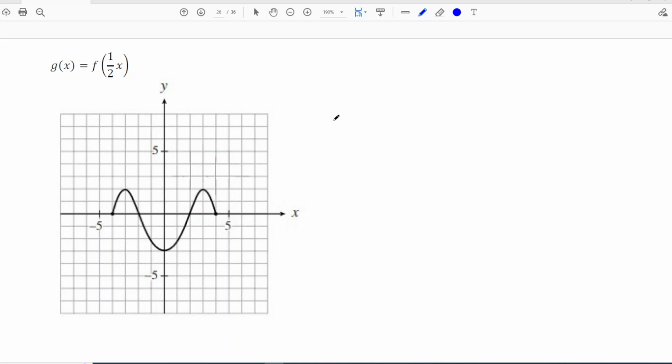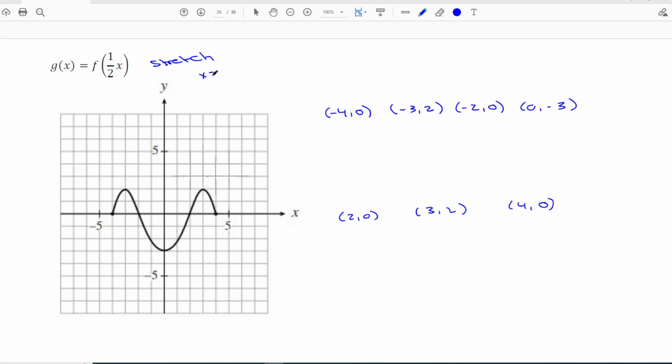So it's the same base graph. And this time we are going to be stretching the graph. So we're going to multiply all of the x values by 2.